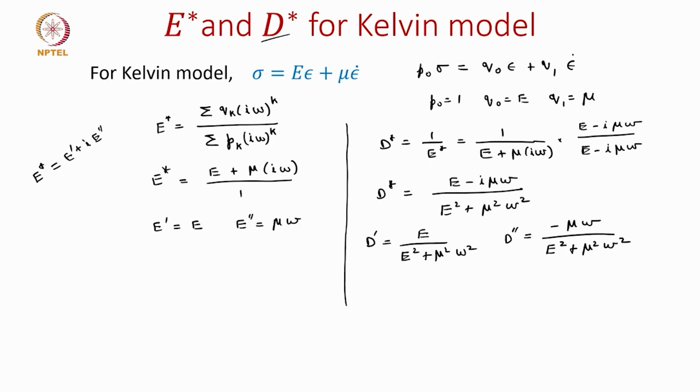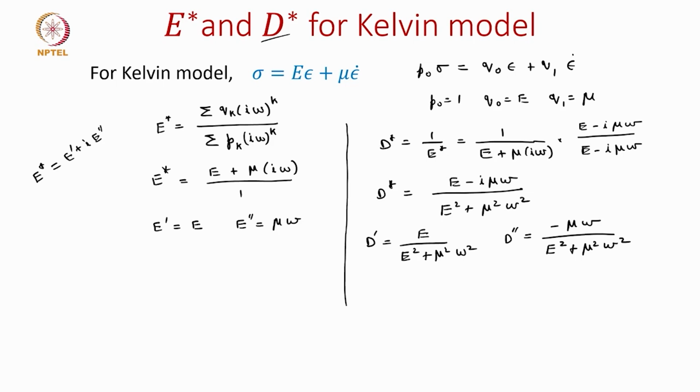So, what we have shown here is once we know the differential equation to define the viscoelastic response for a particular material, from that we should be able to find what is E star and D star, or the complex modulus and the complex compliance.